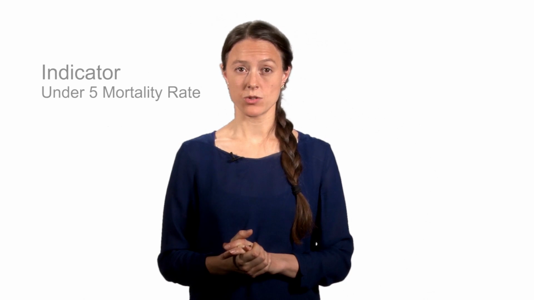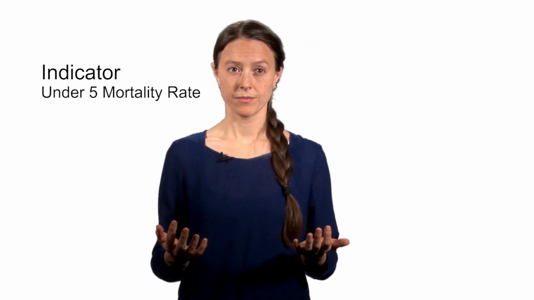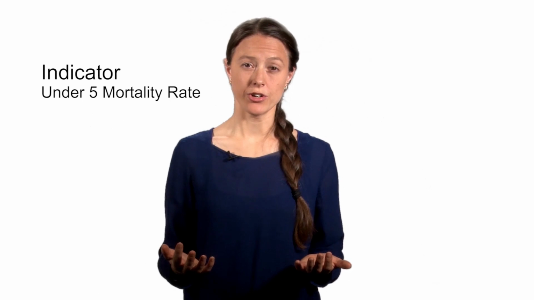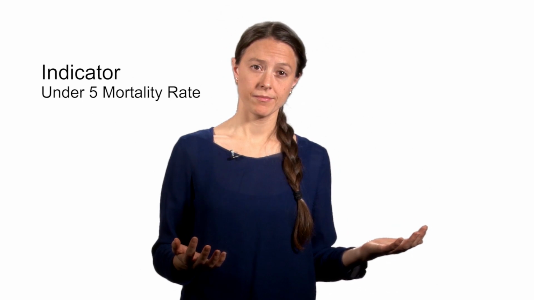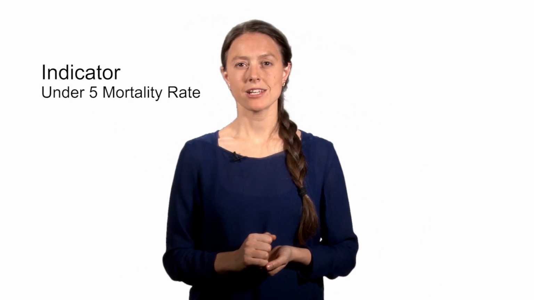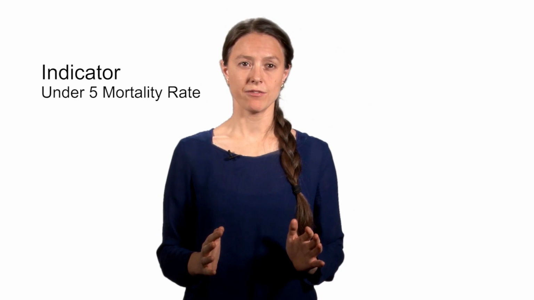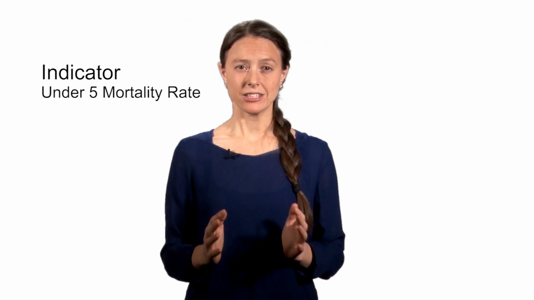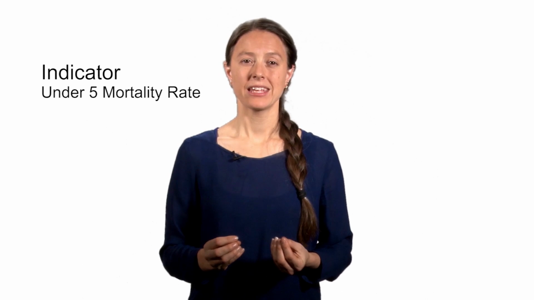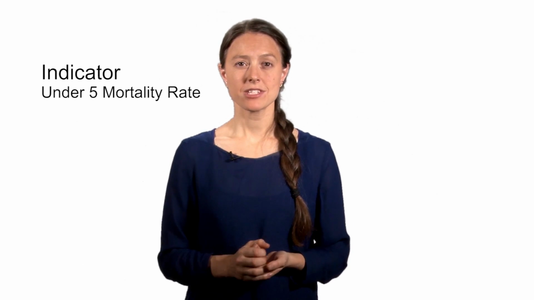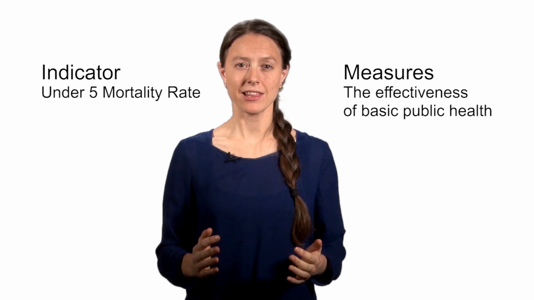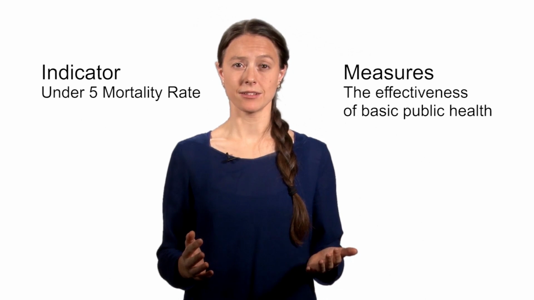What can you actually get out from the under 5 mortality indicator once you have collected the data? What does it mean that it is 130 in Nigeria and 11 in China? Since saving children's lives after they have survived the first month of life is not that technically difficult and not that expensive, it gives a good picture of how basic public health strategies in a country are succeeding.